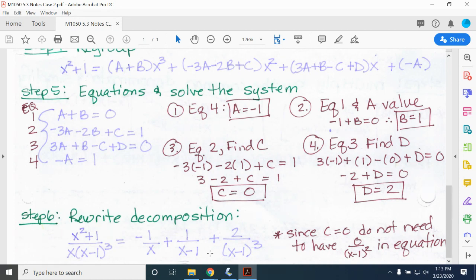That's because 0 divided by anything is still 0. There is no need to have that in our equation if there is nothing, or in this case, 0 represented. We end up with our final decomp all broken down.